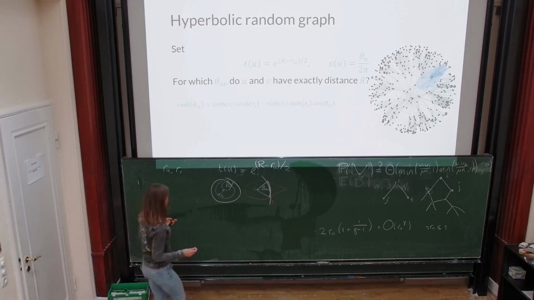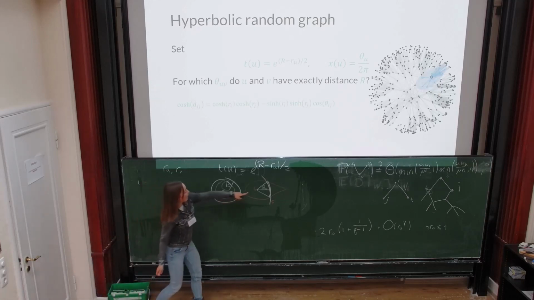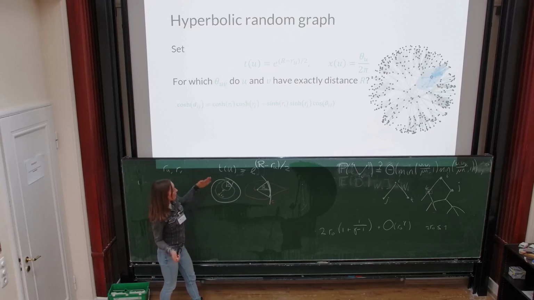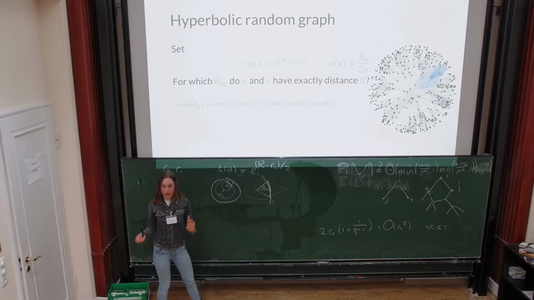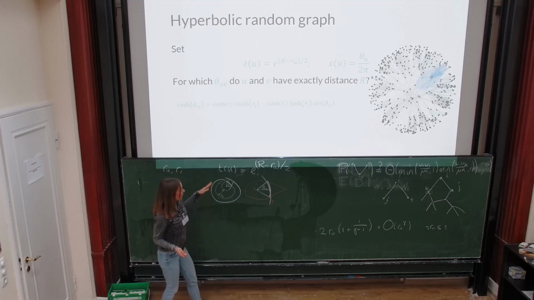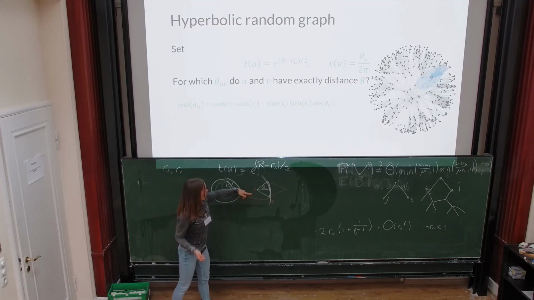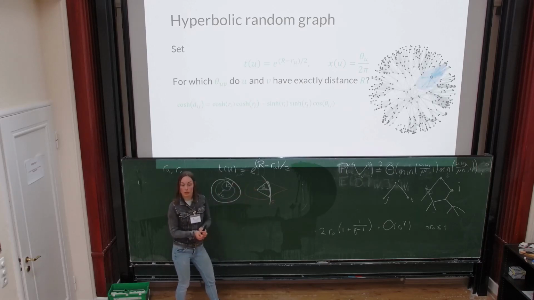Can you say it again, please? Yeah, so I want to know when a point with radius u and radius v are connected. Well, they are connected if, let's just put RU in this direction, the disk of radius r around this point with radius RU contains the other point.